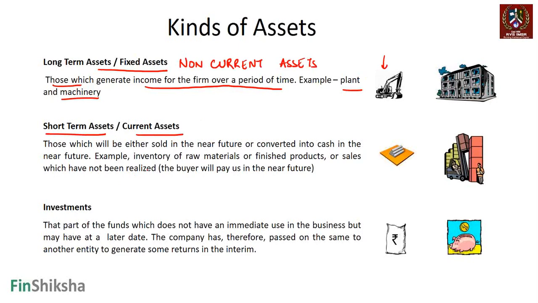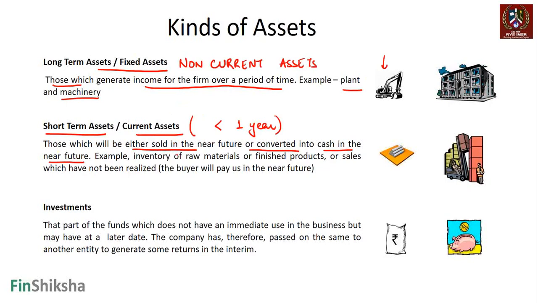These are the ones which will be either sold or converted into cash in the near future. Usually, the technical definition says it should be converted into cash in less than 1 year, right? If you can convert it into cash in less than 1 year, then that is a short-term asset.